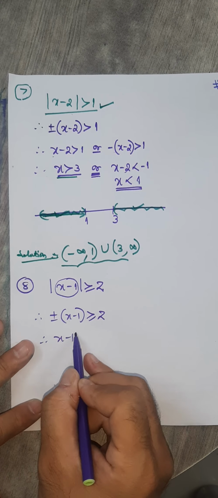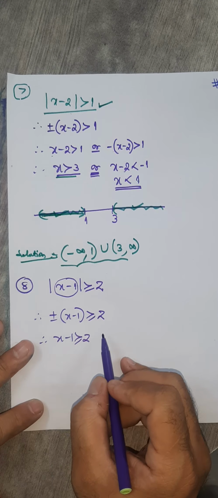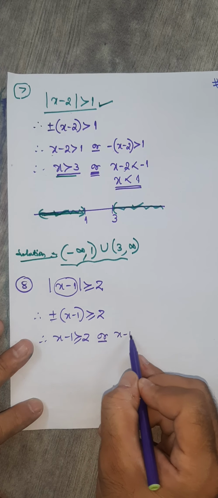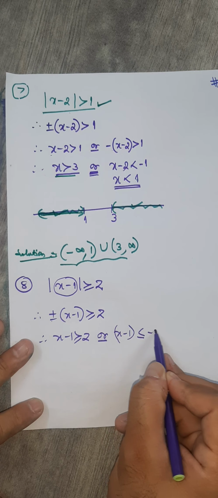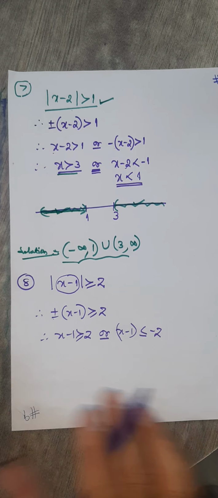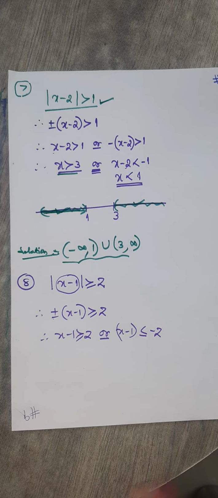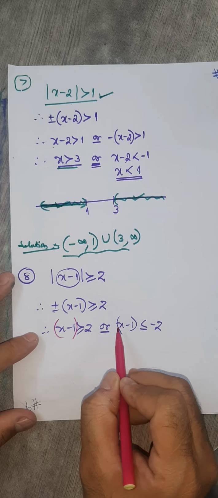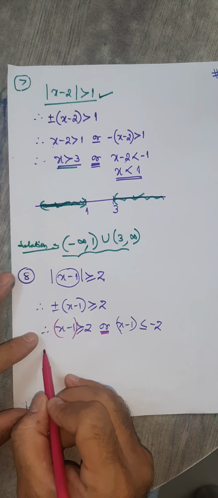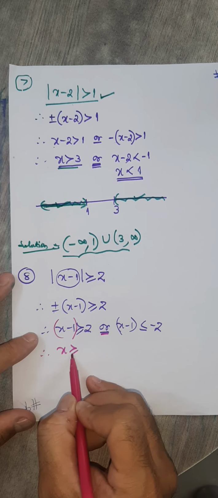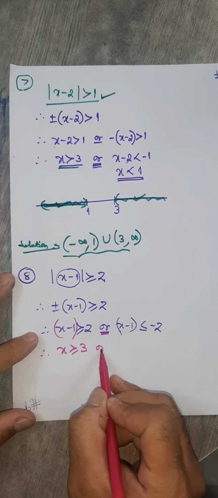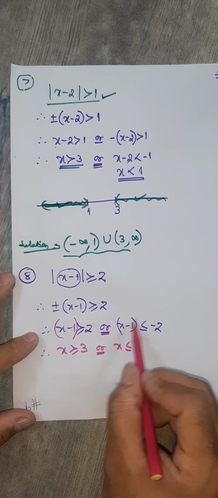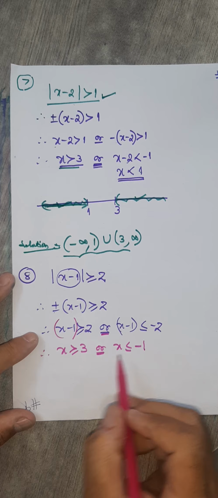So therefore x minus 1 is greater than or equal to 2, or directly I'll take minus on the other side, x minus 1 is less than or equal to minus 2. I did it directly. So x is greater than or equal to 3, or x is less than or equal to, you take 1 on the other side, minus 1.